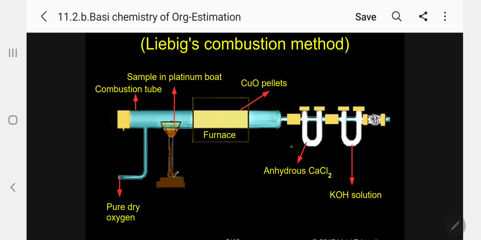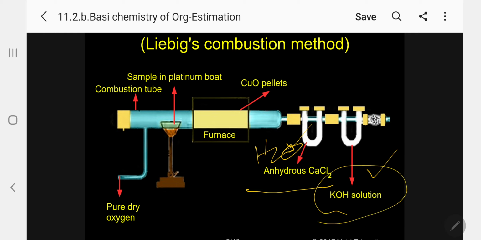The first U-tube contains anhydrous calcium chloride, and the weight of the tube with the anhydrous calcium chloride is already known. In the same way, the potassium hydroxide solution U-tube, that weight is also known before the experiment. After passing the carbon dioxide and water, anhydrous calcium chloride will absorb water, whereas carbon dioxide will be absorbed by the U-tube containing potassium hydroxide solution.